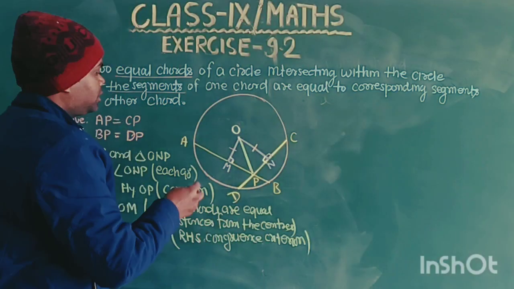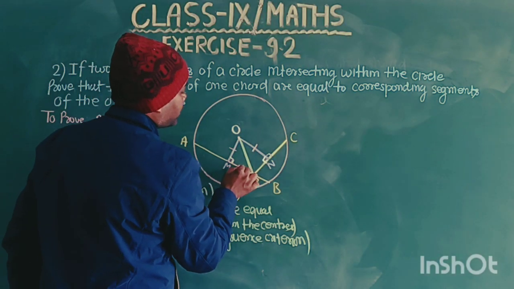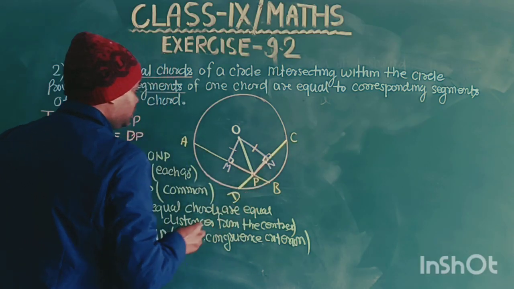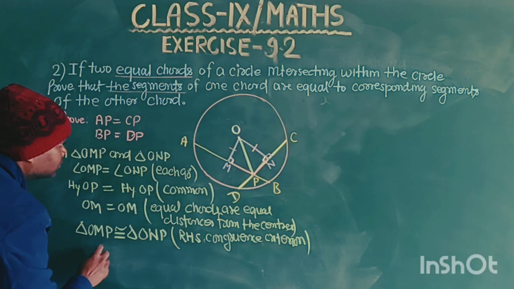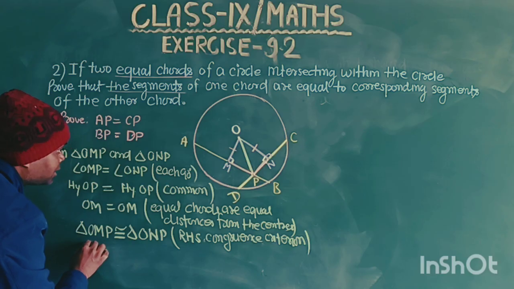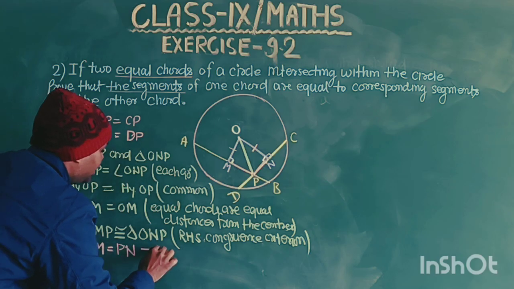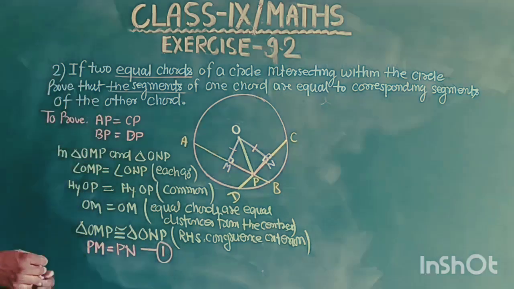So this means here distance PM and PN are equal to each other. Distance PM equal to PN. This is equation number 1.